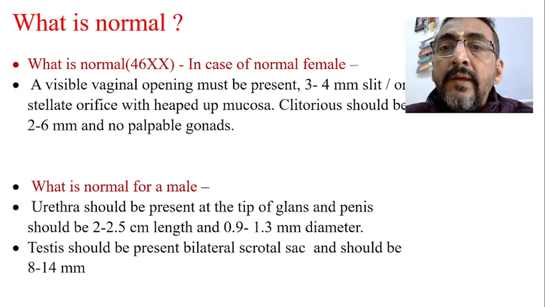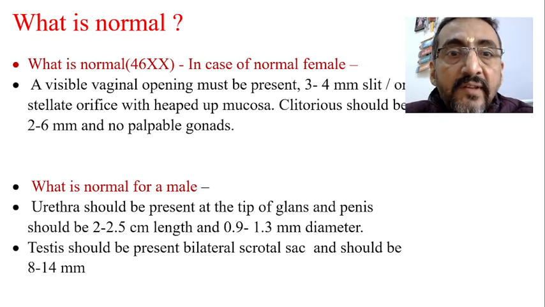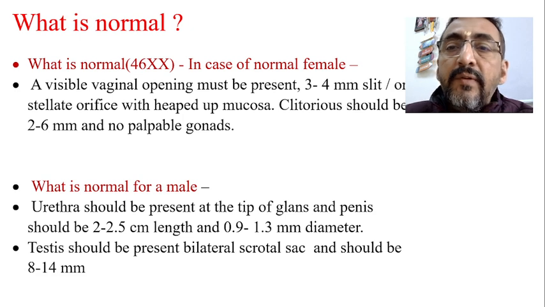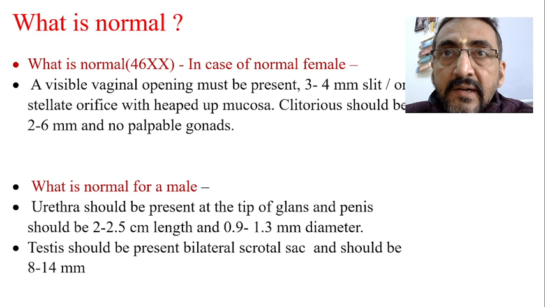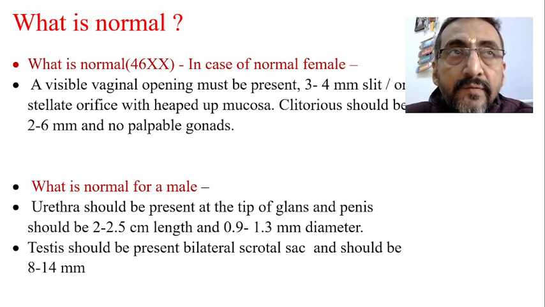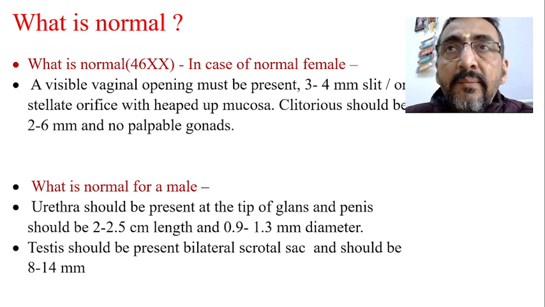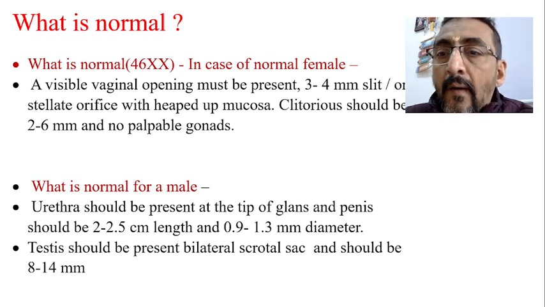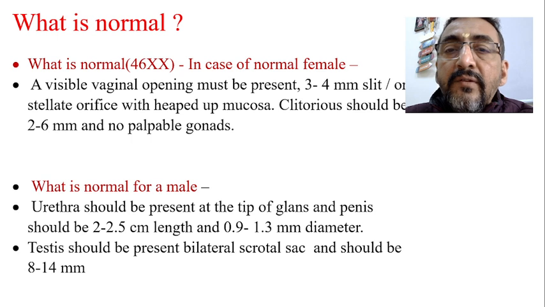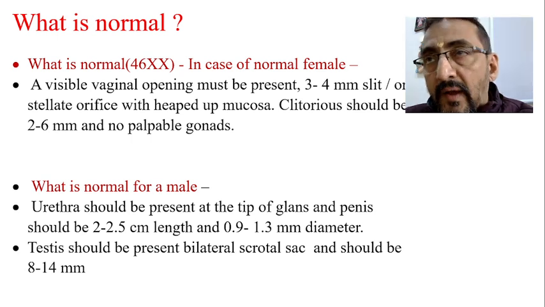Now suppose 46XX. 46XX means a normal female. What is expected at the time of birth to determine the sex? In case of a female, there must be a visible vaginal opening, and the slit should be about 3 to 4 mm in length, or a stellate orifice with heaped up mucosa.